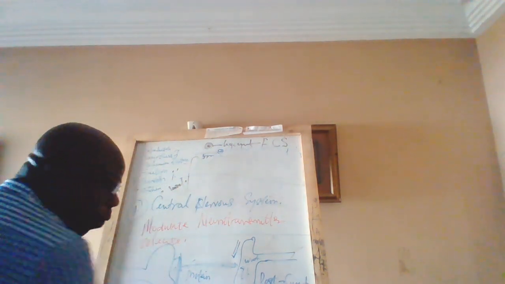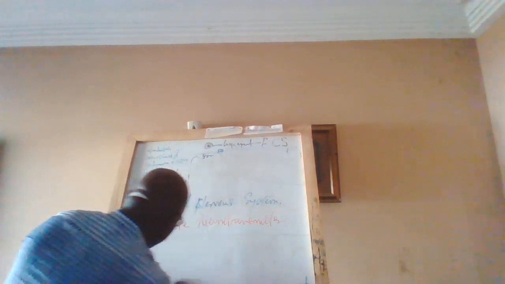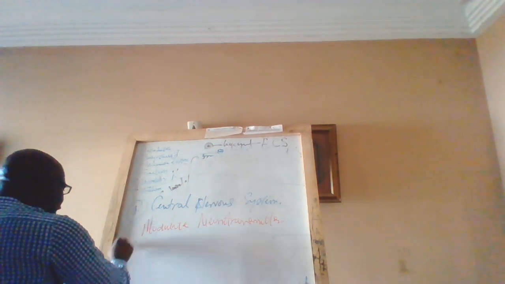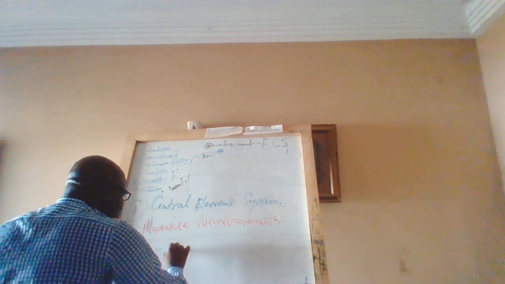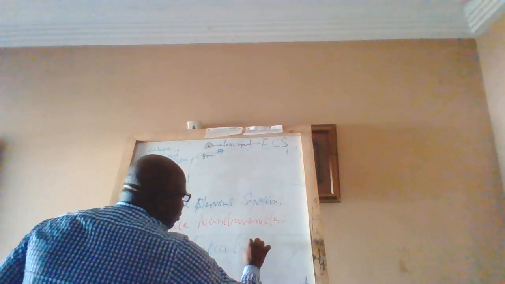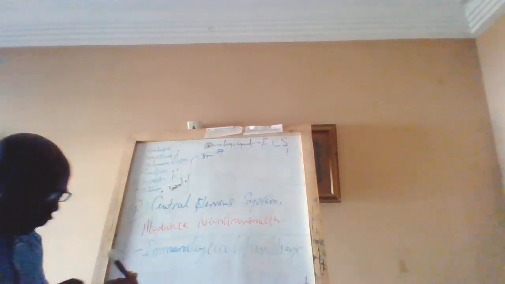All right, so let's go back quickly to the functions, where we start the functions of the endocannabinoid system. The second function of the endocannabinoid system is immunological function.